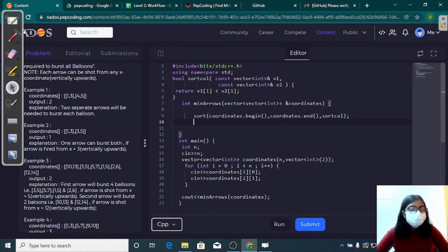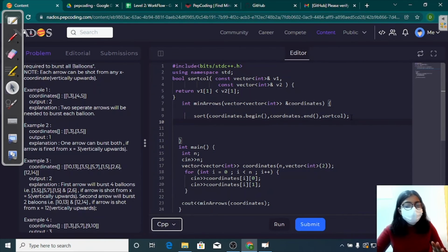There are two vectors passed in this method, and it is going to return whether the value of vector 1 of 1 is lesser than the value of vector 2 of 1. All right, so this is my sort column method. It is going to sort my coordinates according to its column. That's why I'm passing this sort column method here as a third parameter in my sorting.